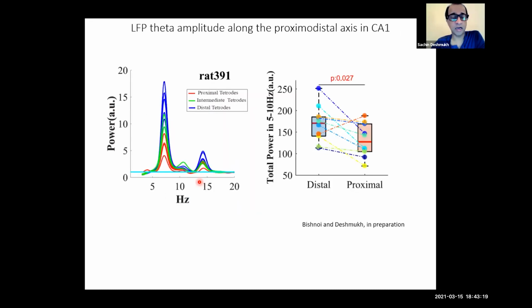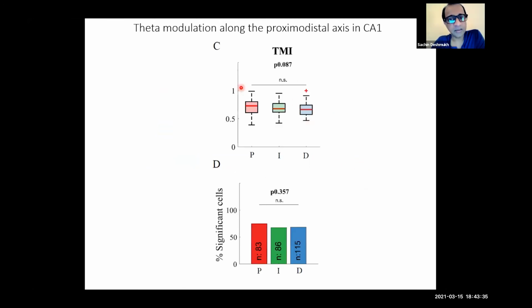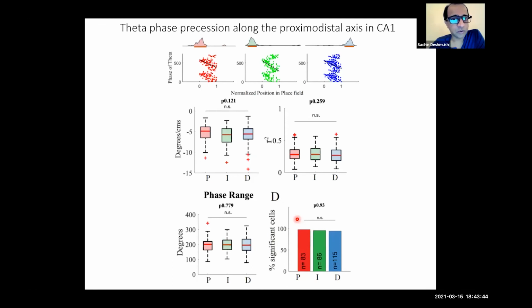But in our hands, when we have these texture tracks, we actually see that distal CA1 local field potentials show stronger theta power than proximal CA1, and distal CA1 individual neurons show as much modulation by theta as proximal CA1. And then theta phase precession, I won't get into that, but it's timing.